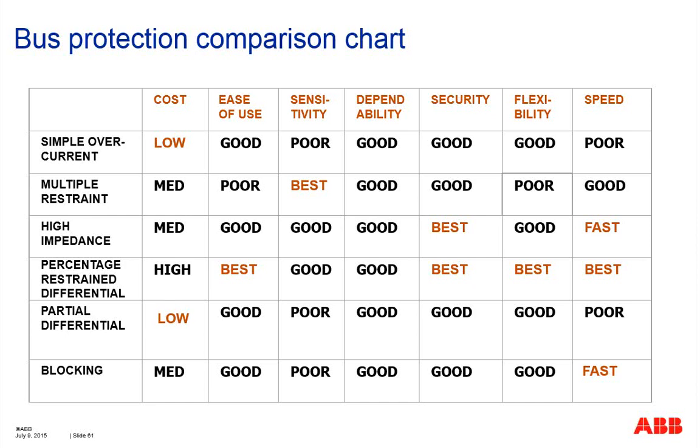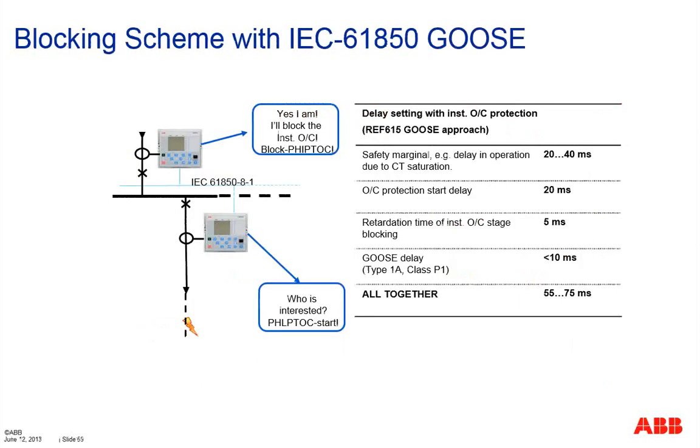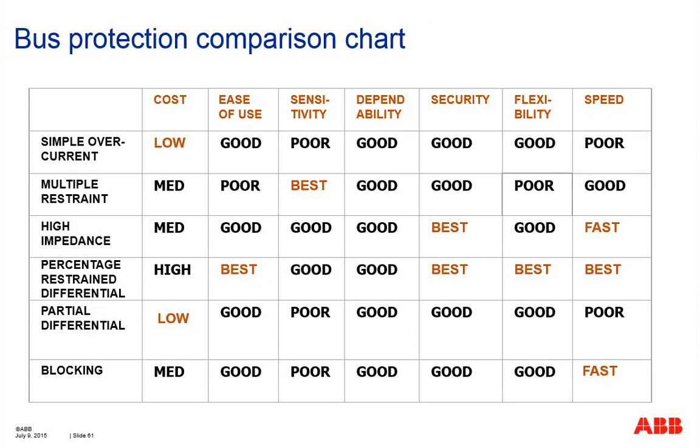Modern numerical low impedance busbar protection relays are also all equipped with modern substation communications, such as the one I introduced, that you can customize for blocking schemes, for reporting, and for interlocking, for example, as you wish.